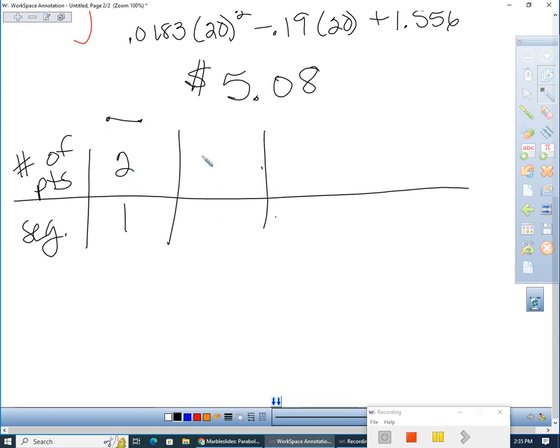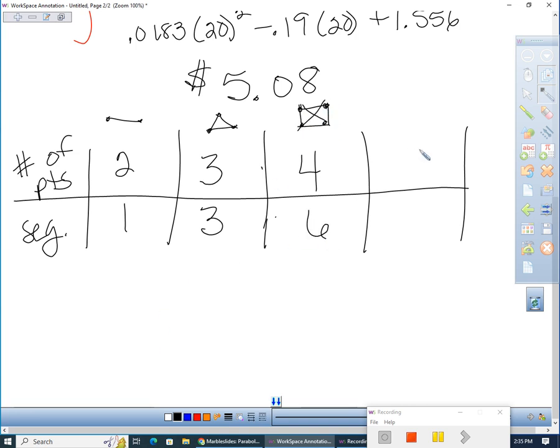Then the table says if I have 3 points, there's only 3 segments that can connect them, right? But then they want you to fill in the next 2 of the table. So for 4 points, I have 1, 2, 3, 4, 5, and 6, right? So now you have to figure out 5 and then write your quadratic function. That's what it means in the table. I just wanted to clarify that. Yeah, you're welcome.